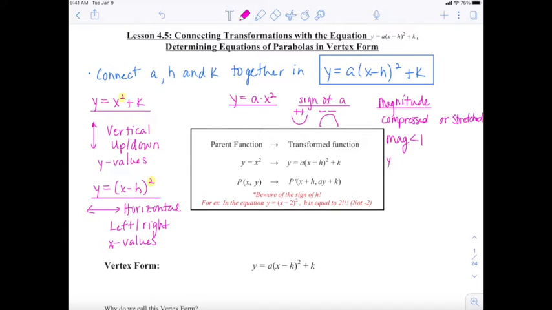For example, y equals 2/3 x squared or y equals negative 1/4 x squared are both going to be squished. So they'll look a bit fatter, and one of them will be facing downwards, the negative one. Stretched is when the magnitude of a is greater than 1. So for example, y equals 5x squared or y equals negative 2x squared. They're both skinny, and one of them is also facing downwards.